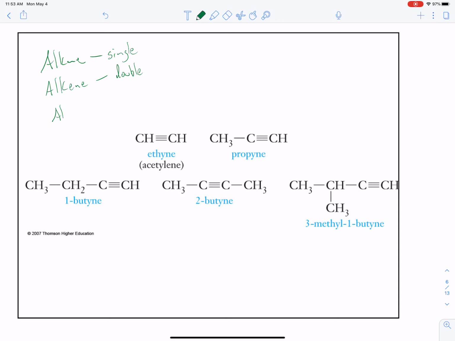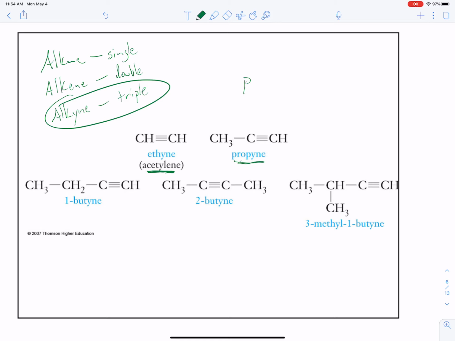An alkyne has a triple, and that's what I'm talking about in this slide. So you can have ethyne, also known as acetylene, as in acetylene torches. Notice that it's a 2-carbon chain, ethyne. A 3-carbon chain would be propyne.